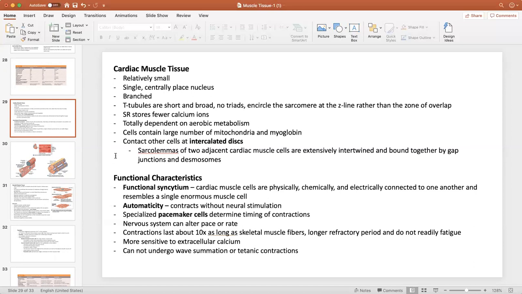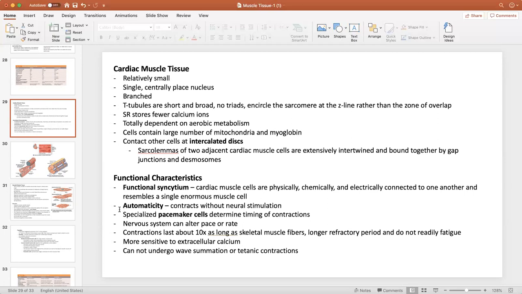With the cardiac tissue, it has different characteristics. So we have functional syncytium. This is where the cardiac muscle cells and the muscle fibers act as one big muscle cell. Okay, they synchronize into one large muscle cell, basically. So they all act together.